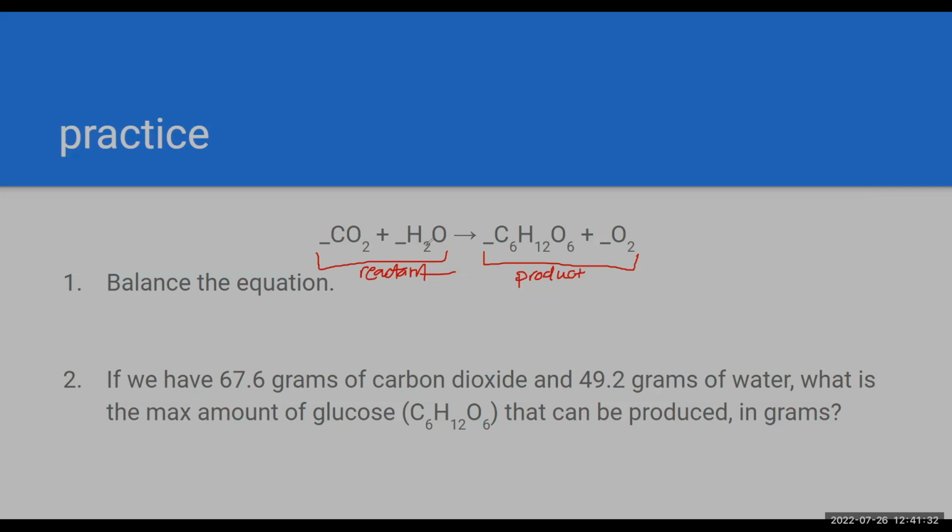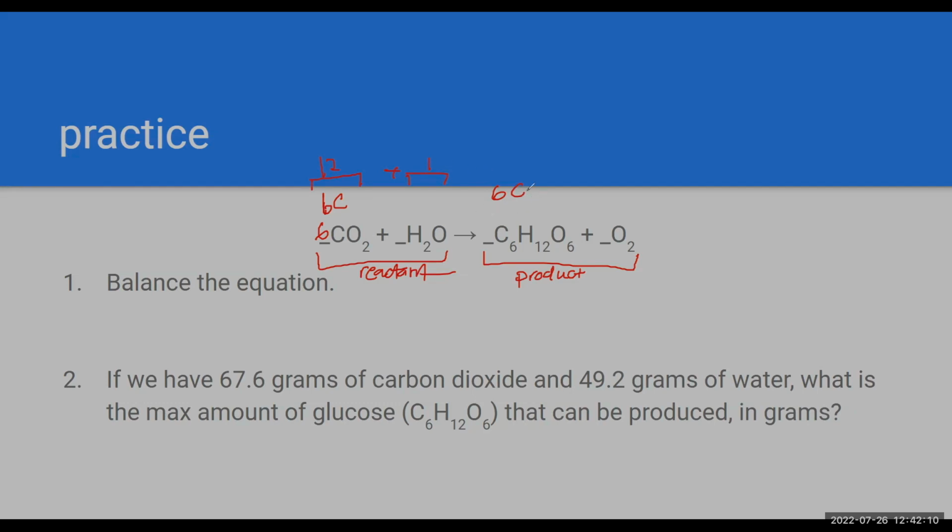So basically, we can see on the product, there's a total of 6 carbons. But on the left side, we see there's only 1 carbon. And so we want to balance out this equation such that this side will have 6 carbons, and we can do that by adding 6 here. But if we do that, we also added a lot more oxygens. So we have a total of 13 oxygens on the left side because there's 12 here, plus 1 from the water.